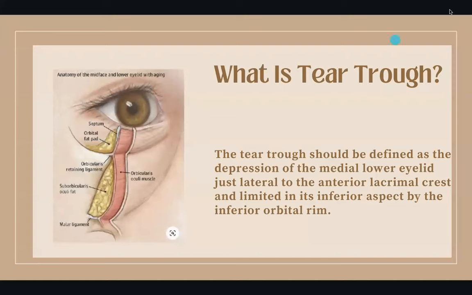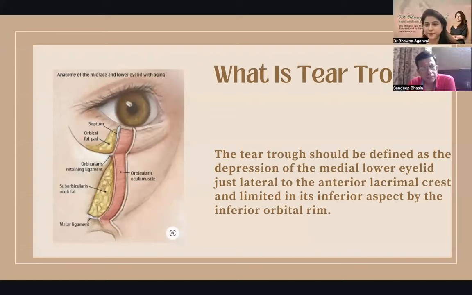Before that, I would like to discuss the two ligaments we are drawing. One is the orbicularis retaining ligament and one is the zygomatico-cutaneous ligament, right? So how do you mark the orbicularis retaining ligament? You close your eyes and slightly press the eyeball, and the moment you press, you see a slight bulge beneath the eye.